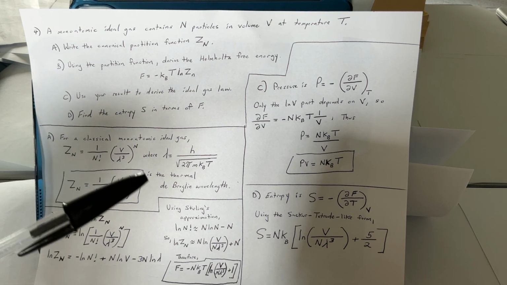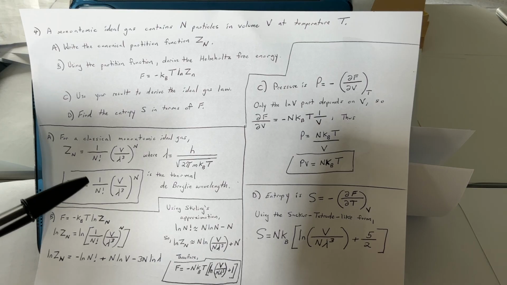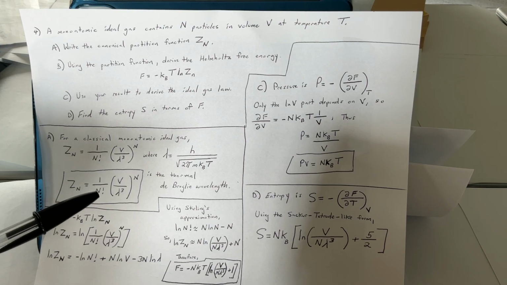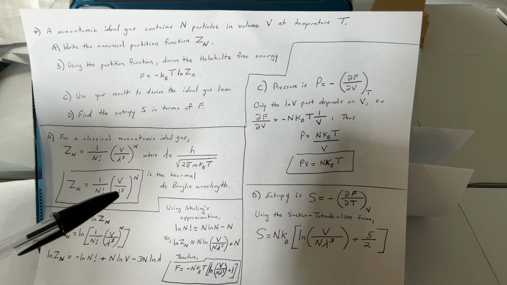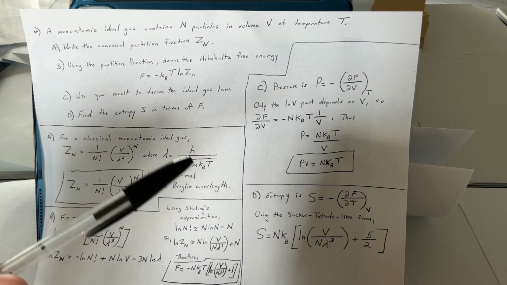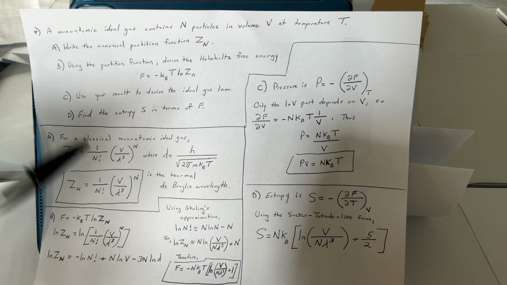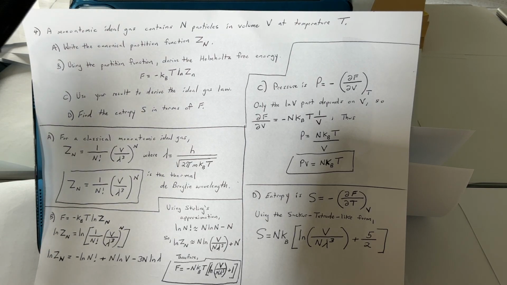So Z_N equals 1 over N factorial times V over lambda cubed raised to the N. That's what lambda represents, and we're good with letter A.